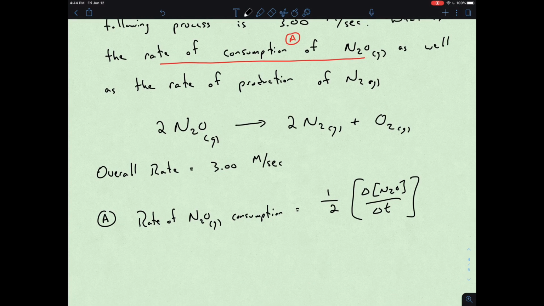And I apologize, remember that negative sign out in front. So we have our negative to correct for the slope. We also have our stoichiometry rate correction.